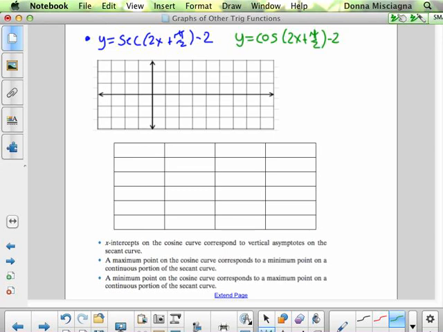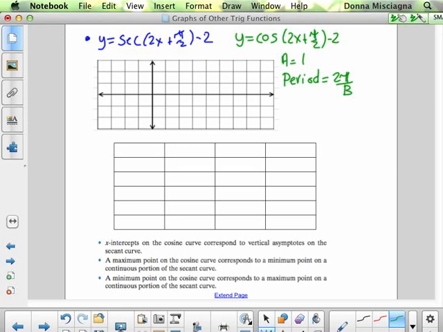Now if we're graphing cosine, we need to find a few things. We need to find the amplitude, and amplitude is found by looking at the coefficient in front of cosine. There's no number there in front of cosine, so that means the amplitude is 1. Now let's find the period. The period for cosine is 2 pi divided by b.